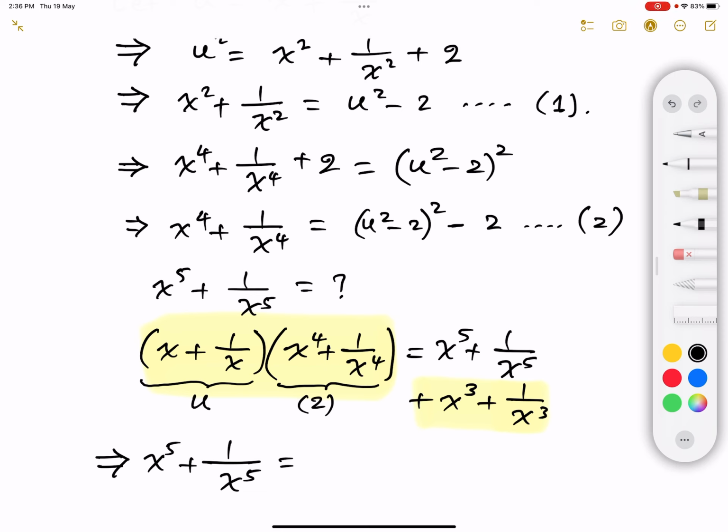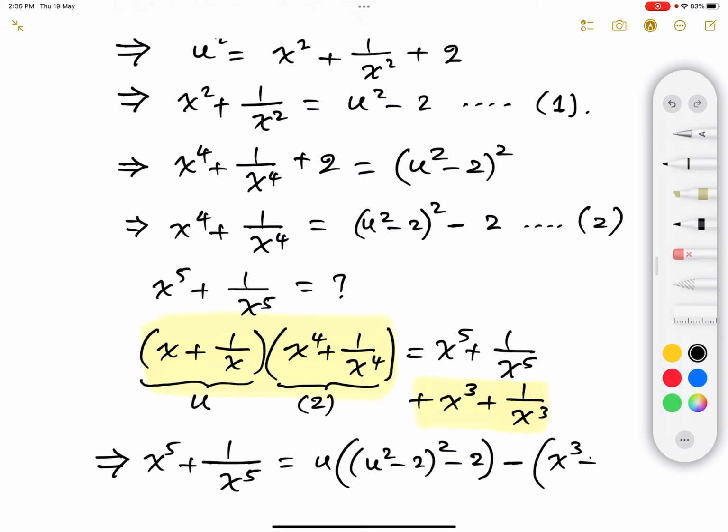So x to the power 5 plus 1 over x to the power 5 is equal to u multiplied by u squared minus 2 all squared minus 2, minus x cubed plus 1 over x cubed.